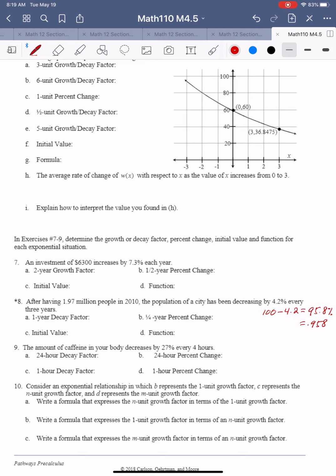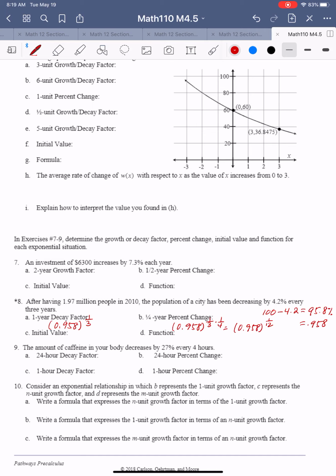But that's every 3 years, so we have to change it to the 1 unit growth factor, so 1/3 power. And then for the 1/4 year percent change this time, I change the 0.958 to the 1/3 power, which is the 1 unit decay factor, and then multiply by 1/4, so I get 0.958 to the 1/12.